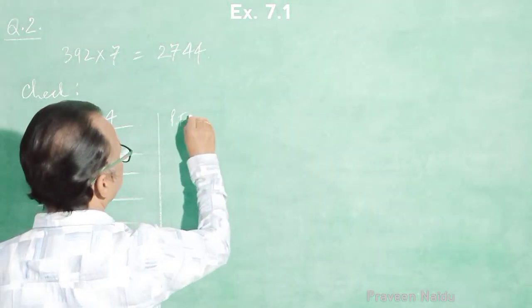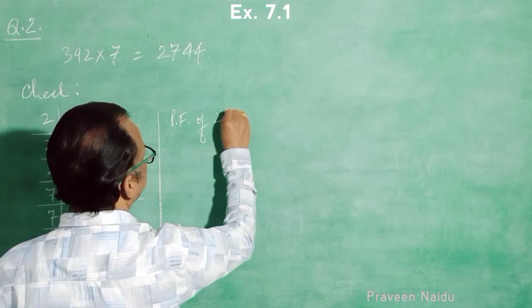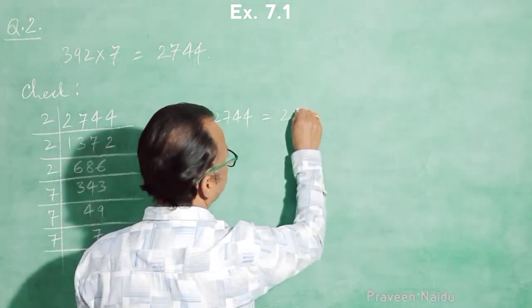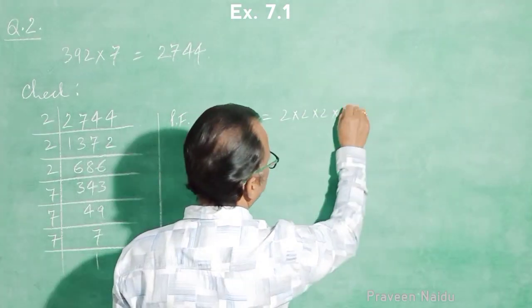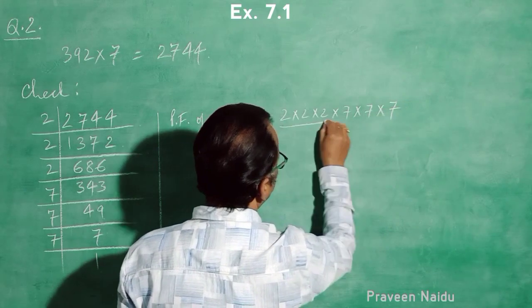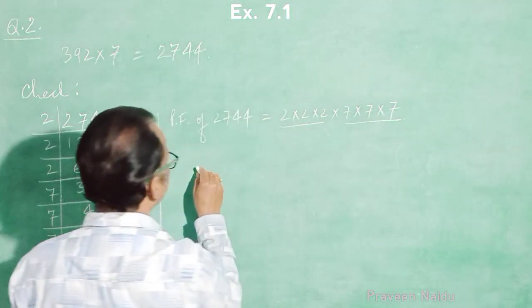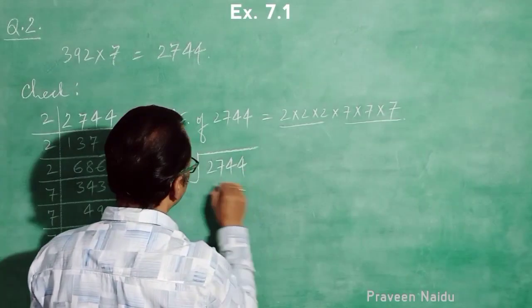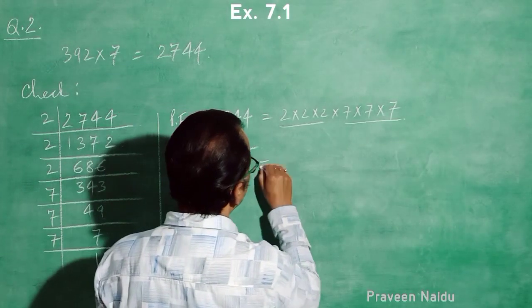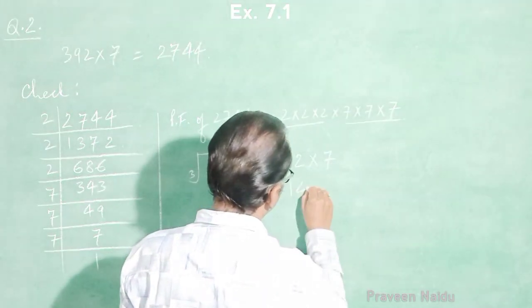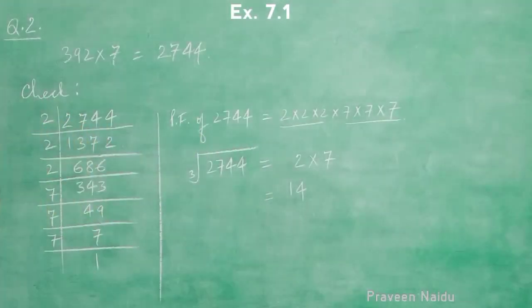So all the factors occur in cubes. So taking the cube of the factors, we have 2 into 7, that means 14. 14 is the cube root of 2744.